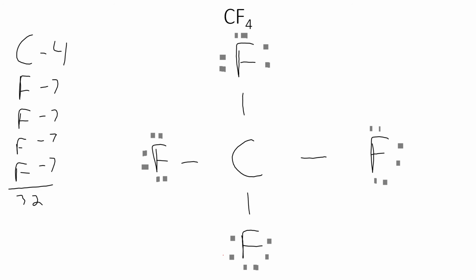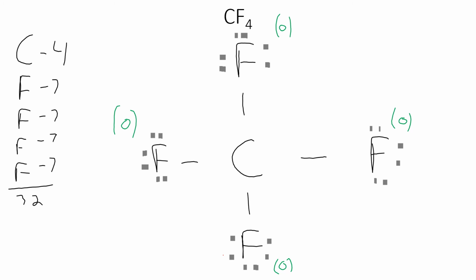Usually what you do is put the formal charge, written small, in parentheses near each one of the atoms. Each of the fluorines had 7 formal electrons that matched the valence electrons, therefore the formal charge would be 0. Now for the carbon, the central atom also counts in this.